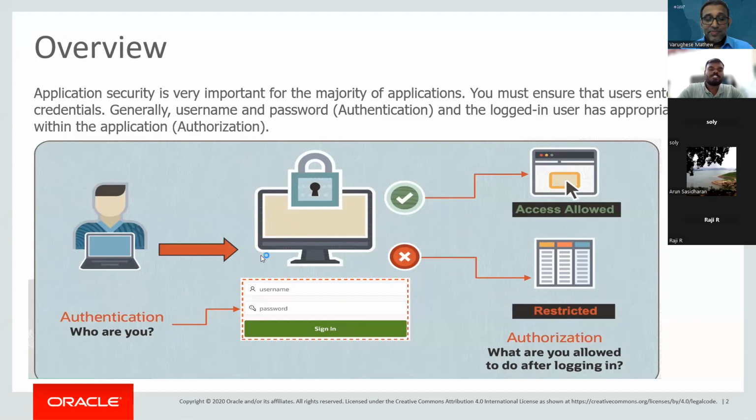This picture explains it well. See here, it's me, Raja, and this is the system, maybe like Varghese Matthew's system I'm trying to access. He built a nice library management system. I want to access his product, the library management system, and he already shared the credentials with me. I am trying with those, and unfortunately, I was not putting in correct credentials.